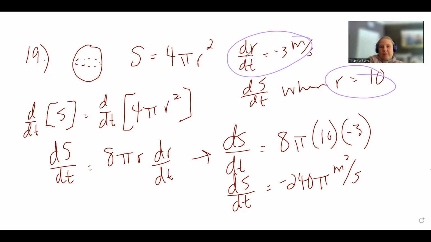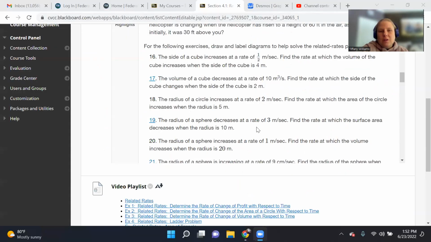Now, that's not the exact answer to this. Let me go back. We do get -240 because it is decreasing, but look at what the question asks. Number 19 asks, find the rate at which the surface area decreases. So what they're telling you is that they know it's going to be decreasing.